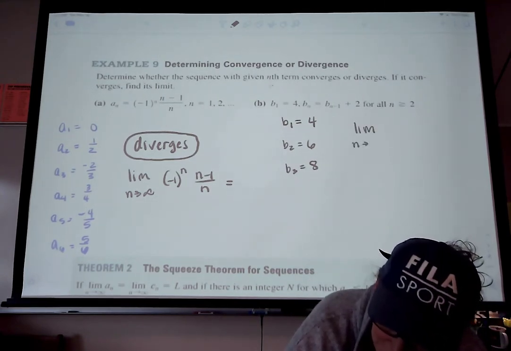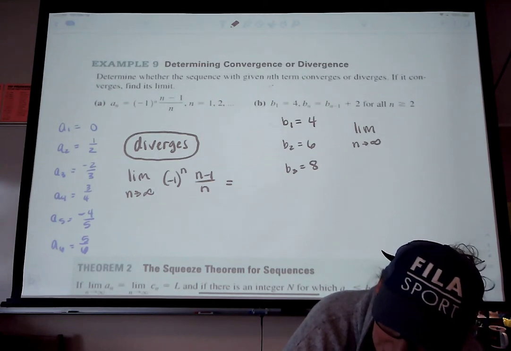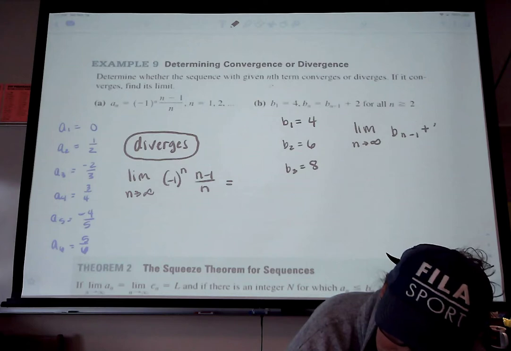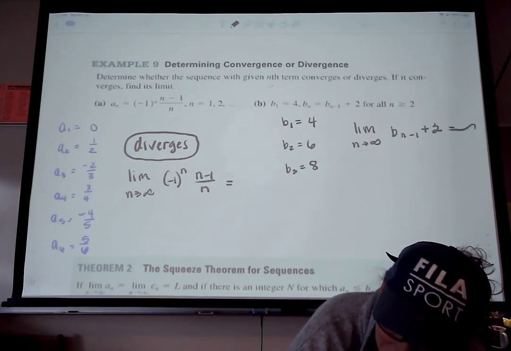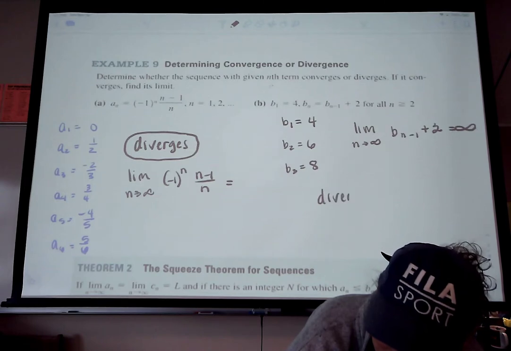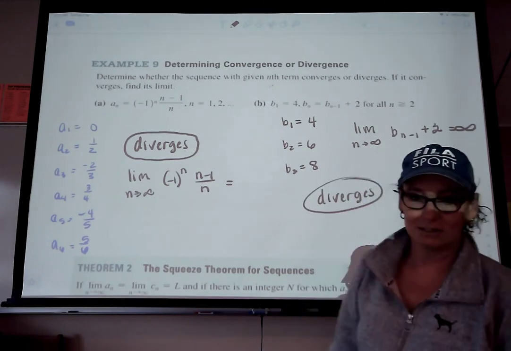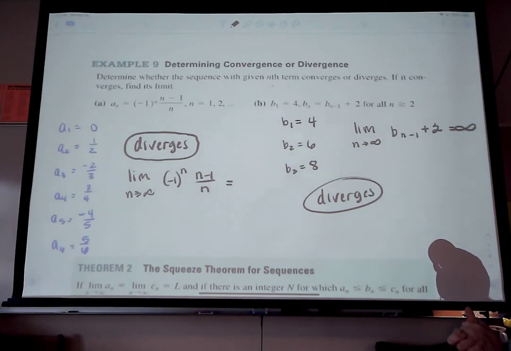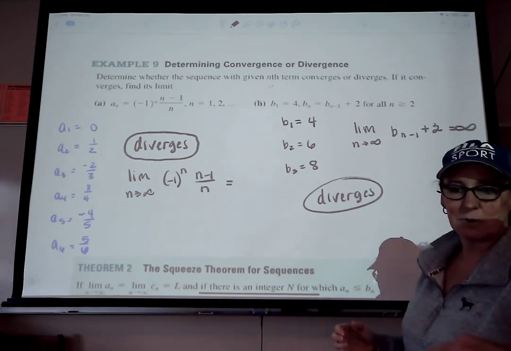The limit as n approaches infinity of b sub n minus 1 plus 2. So that diverges. Okay, next one.